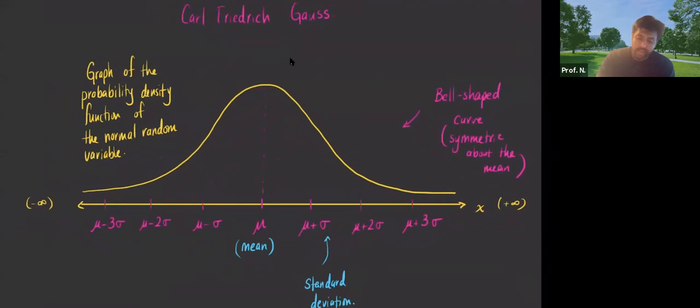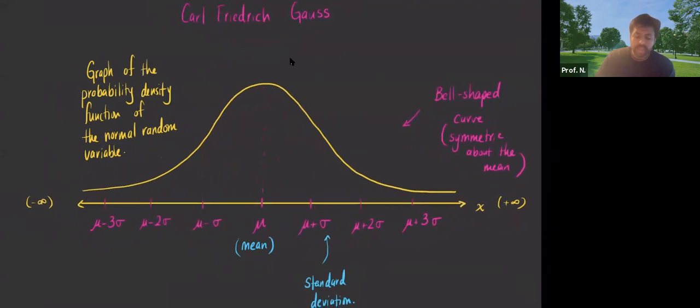So the idea now, guys, is the area underneath this curve will give us the probabilities that my random variable, which is normally distributed or a normal random variable, is within a certain range.